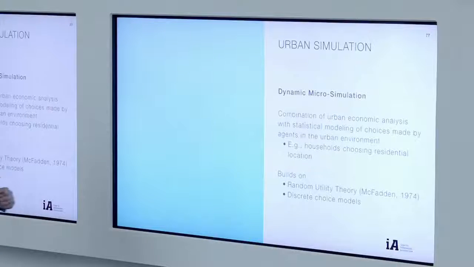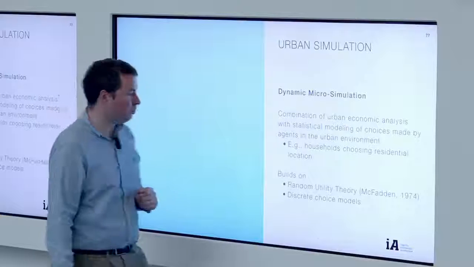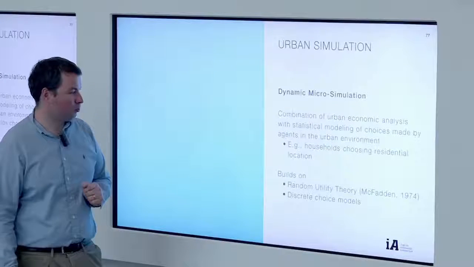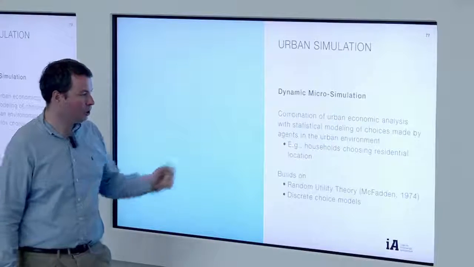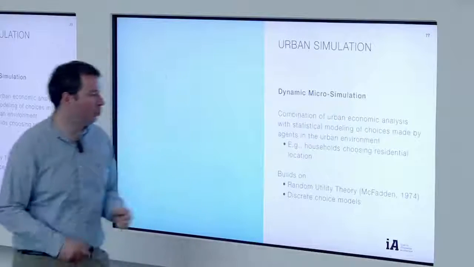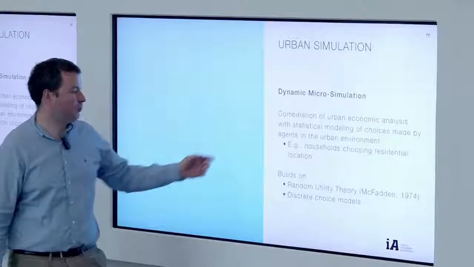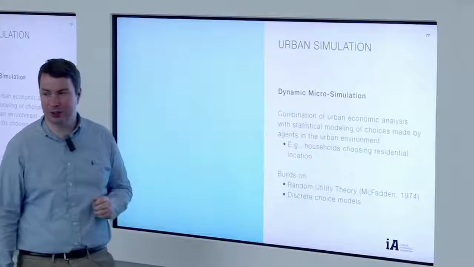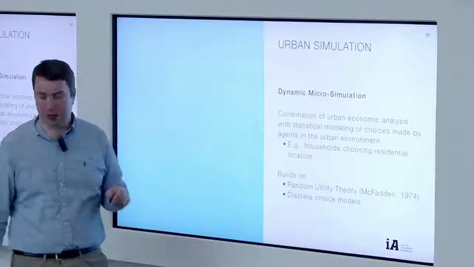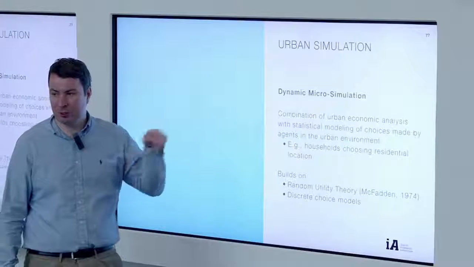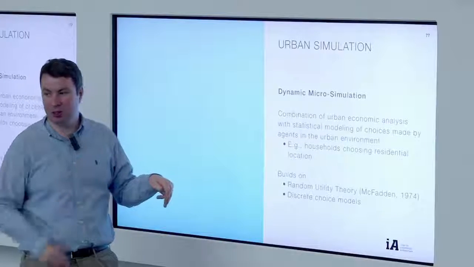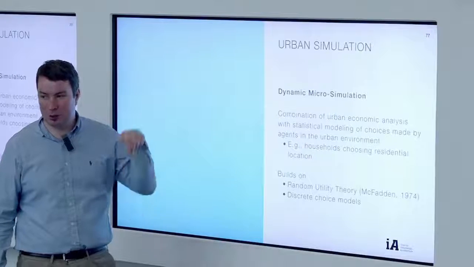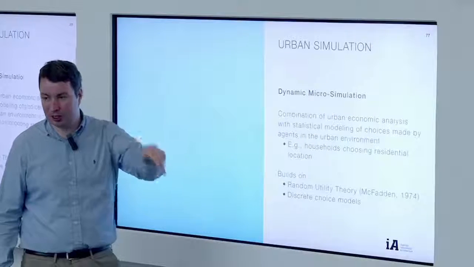And then we have the micro-simulation. This was the idea of combining the urban economic analysis with the modeling of so-called choices. So you have a discrete choice model. It means if an agent comes to a situation B, it makes a choice out of C and D, and then goes maybe to the next location where it has to make some choices again.